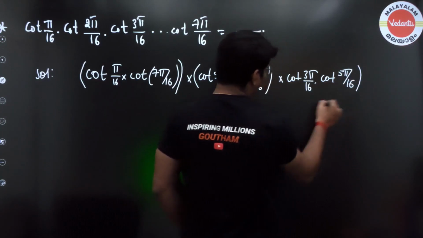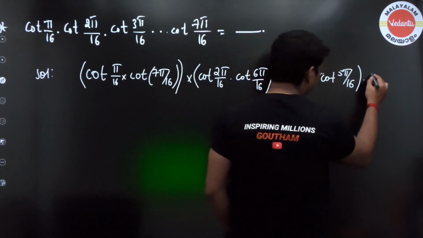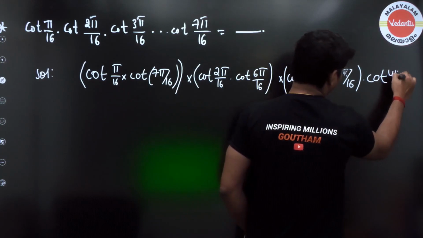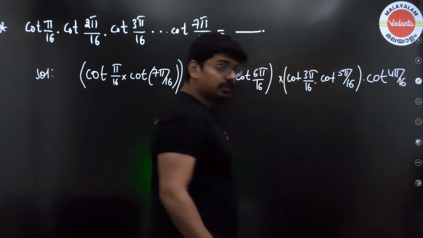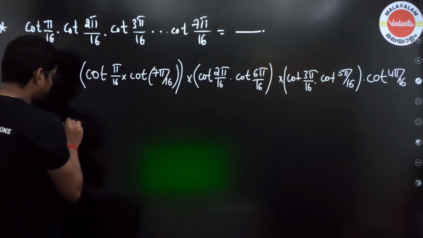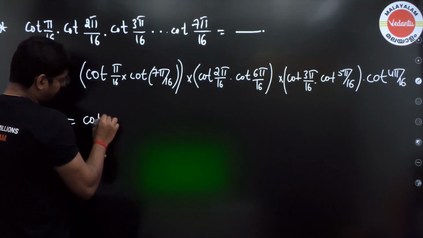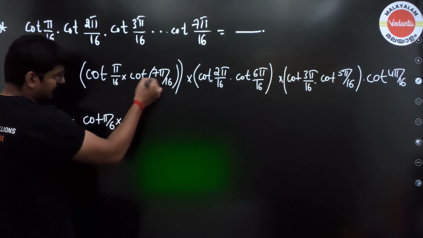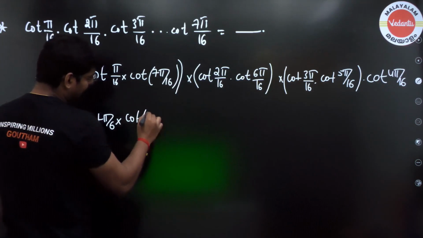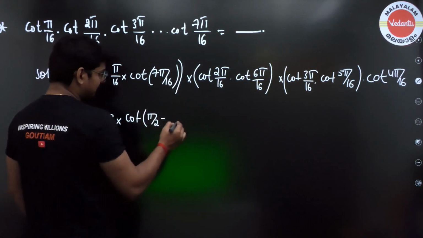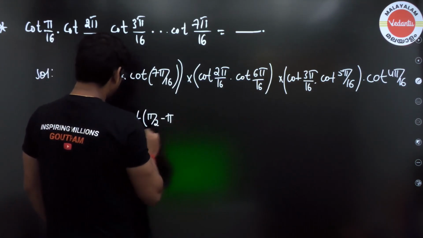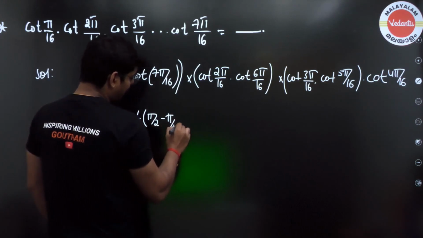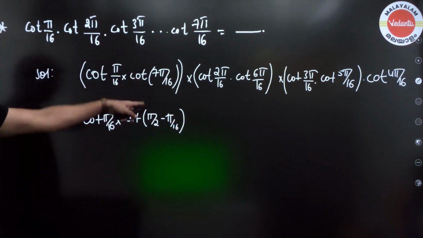And finally, only one term will be left out, which is cot 4 pi by 16. Now what is going to happen is, you can clearly see cot pi by 16 into, this can be written as 7 pi by 16. I can definitely write this as pi by 2 minus pi by 16. We can definitely write it in this way.